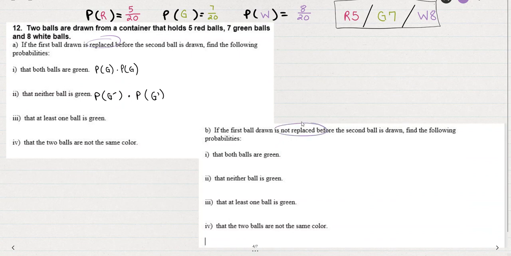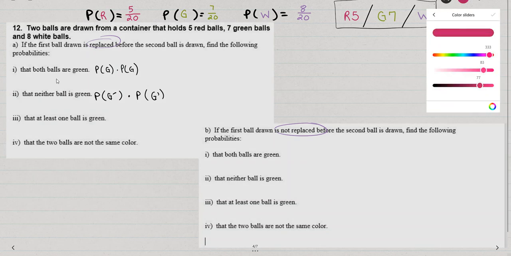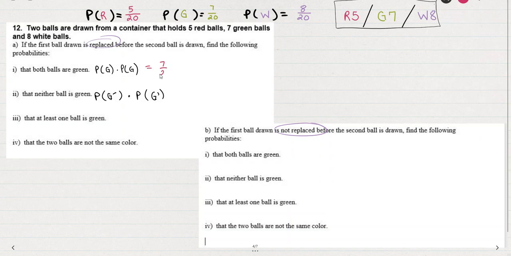In the second example, we're going to do the same problems but without replacing that ball, and we'll see how the outcome changes. So if we wanted to see if the first ball is drawn and then replaced, what's the probability that we get a green? 7 out of 20. We put that green ball back, and so what happened the first draw doesn't affect what happens with the second draw.